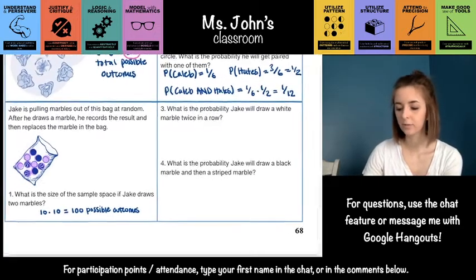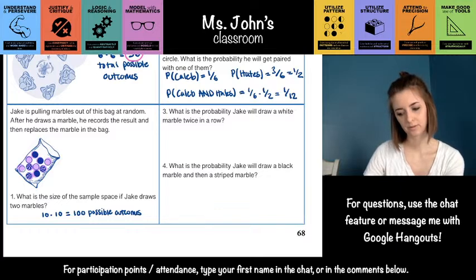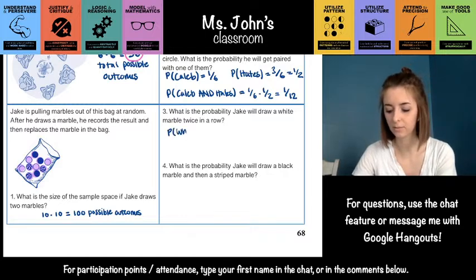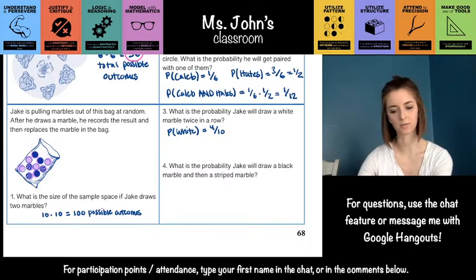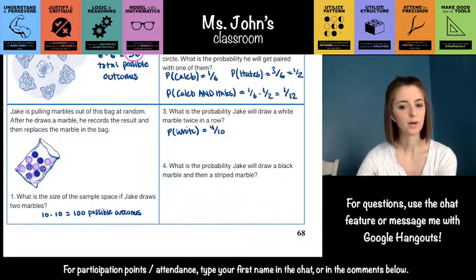Number 3, what is the probability that Jake will draw a white marble twice in a row? So I just colored all of mine pink, but there are 4 white marbles in this bag. So the probability of getting a white marble just once is 4 out of 10, or 2/5. I'm not going to reduce this time because I want to reduce later. And it's asking what the probability of getting a white marble twice in a row is.